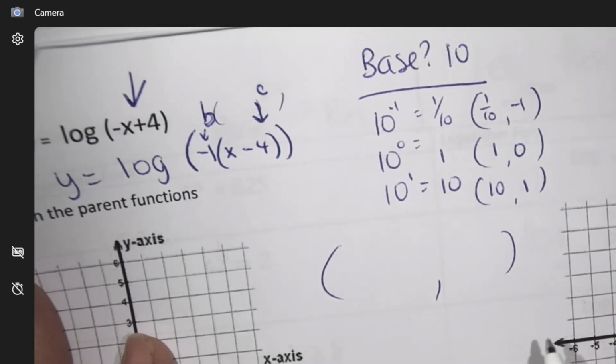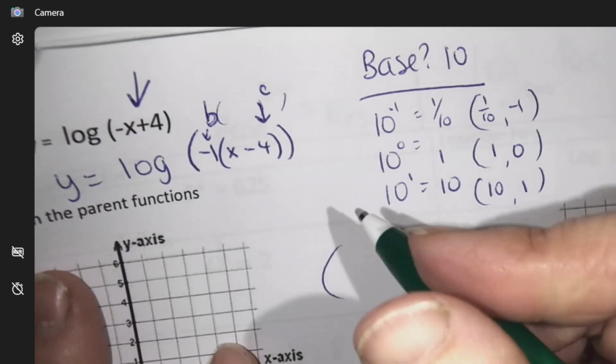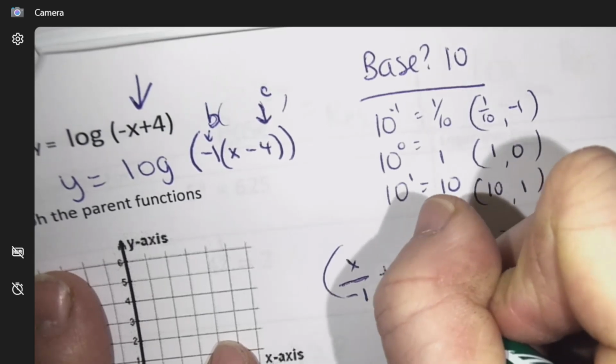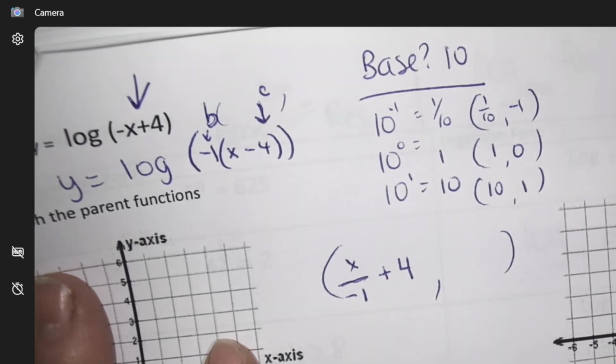Okay, now I'm going to do the ABCD stuff. So it looks like we have to divide by -1 and then go right 4.